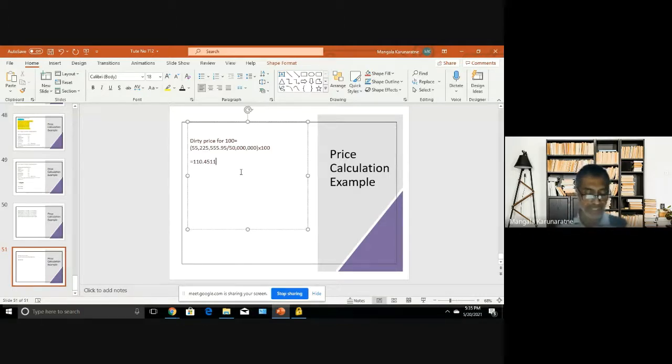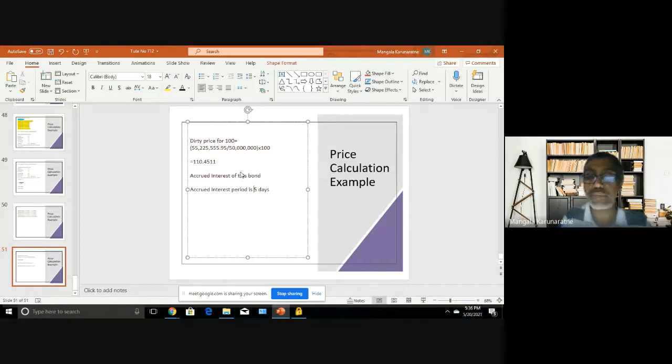So what is the accrued interest of this bond? Can everyone calculate the accrued interest of this bond? We know now the accrued interest period is 5 days.